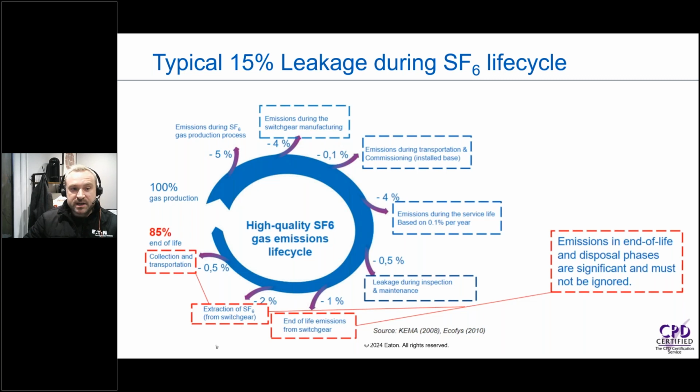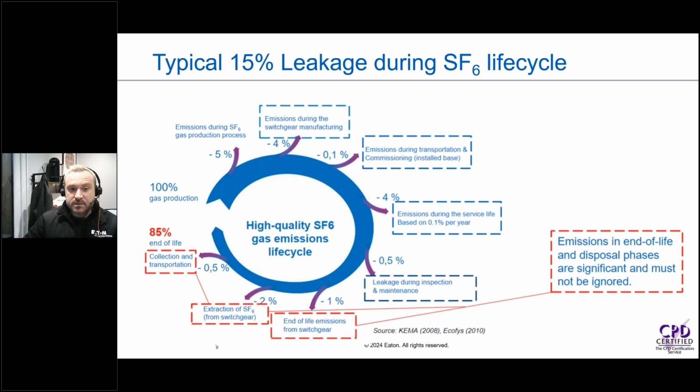As discussed previously, leaks can occur in SF6 switchgear, and these are broken down with a typical leakage of 15% during the life cycle: 5% of those emissions during the gas production phase, 4% leaks when the switchgear is manufactured, 0.1% during transport and commissioning, and 4% over the lifetime of the switchgear, assuming the switchgear leaks at that 0.1% per year over its lifetime of around 40 years.